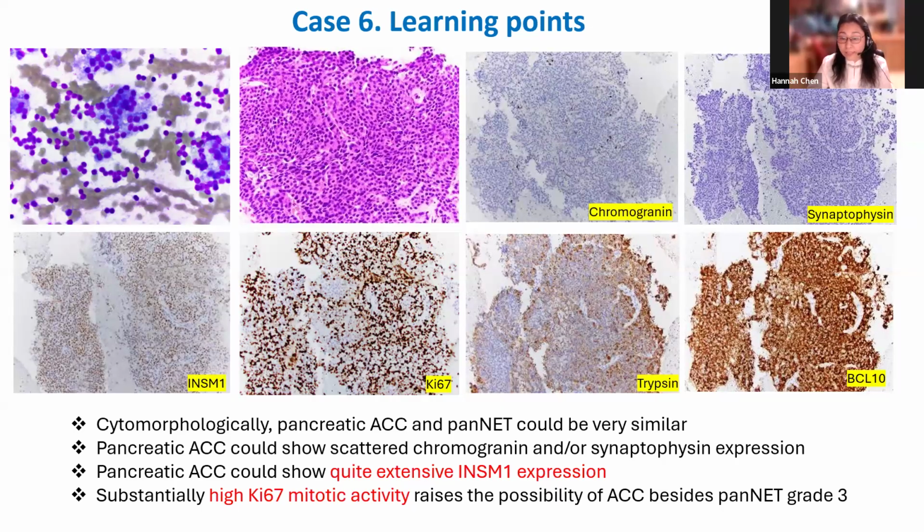ACC could show quite extensive INSM1 expression, so do not just use INSM1. If you perform Ki67 and it shows pretty high, just keep ACC in the differential diagnosis besides grade 3 neuroendocrine tumor.